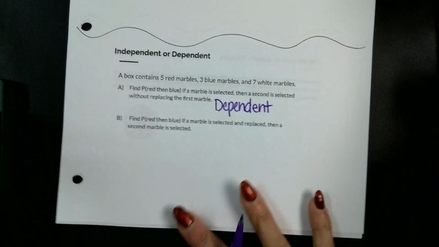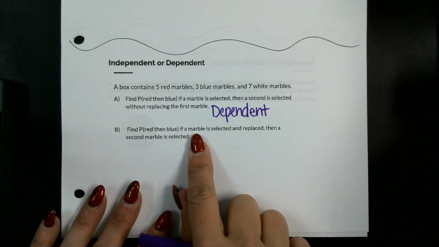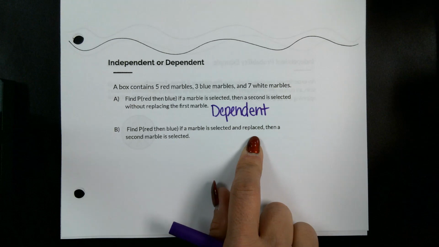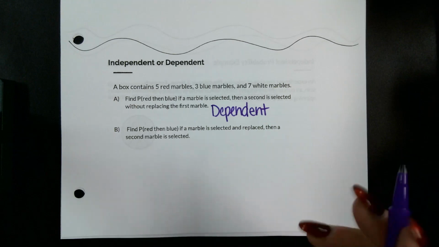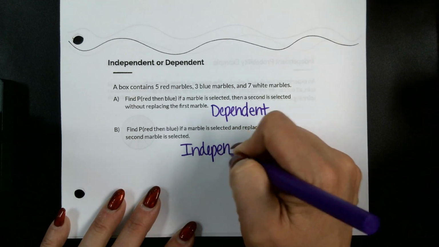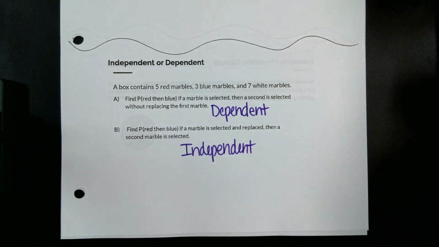Now, if the first marble is selected and then they put it back in, is it dependent or independent? Independent. Anytime they replace it, it's independent because you still have 15 in there. But if they don't replace it, then every time, the total number of outcomes decreases by 1. All right, go ahead and turn the page.